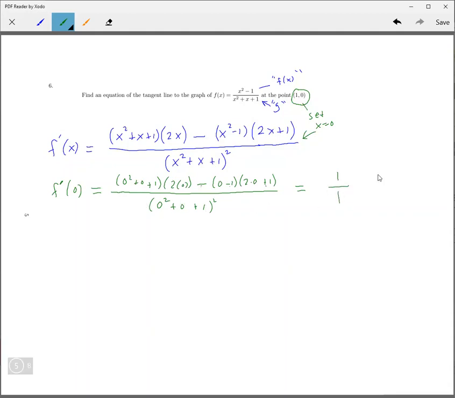And then down here, this is also 1. 1 squared is 1. So it's just 1. Also, generally what I do, just for completion, is verify f of 0. So no, f of 1. If I put a 1 in here, I have 1 squared minus 1 over 1 squared plus 1 plus 1. So that's going to be 0 over 3. That's going to be 0.